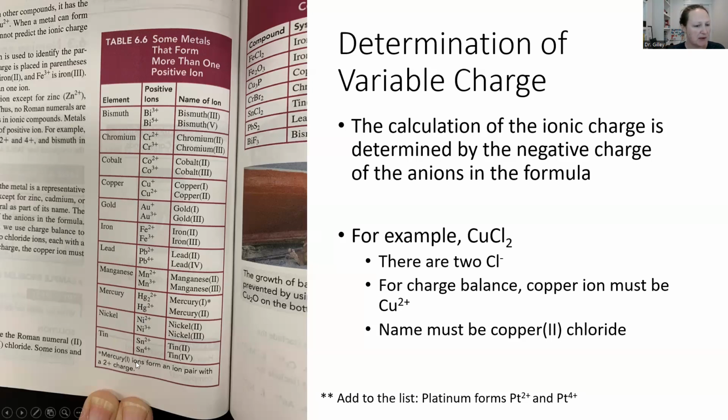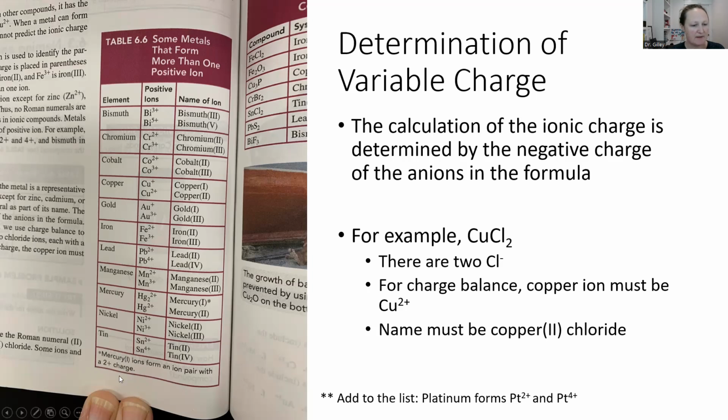And then the tricky one actually are the mercury ions, because they actually have the same charge. They both have a 2+ charge, but Hg2 2+ is actually called mercury 1, because it's an ion pair, or kind of like a dimer. So there's 2 mercury 1 ions that form an ion pair.